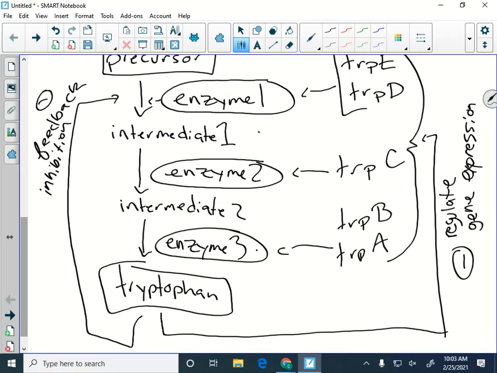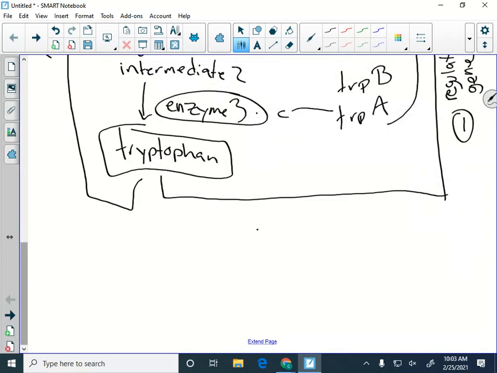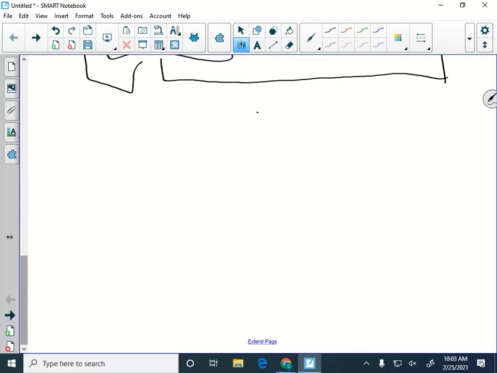So, now we have our background information. So, we have one promoter for all 5 of those trp genes, trpA, B, C, D, E, right? We have one promoter for all 5.